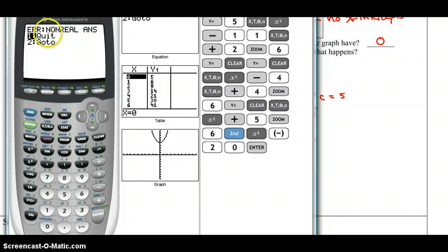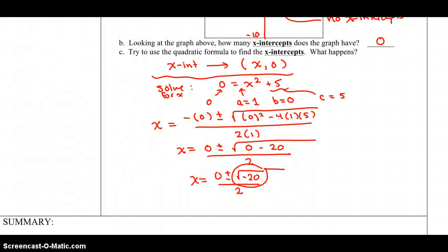And it tells us that it's a non-real answer. So this is not a real number. There's no real number that when we take it times itself, we're going to get negative 20. A positive times a positive is going to give us something positive, and a negative times a negative would also give us a positive.